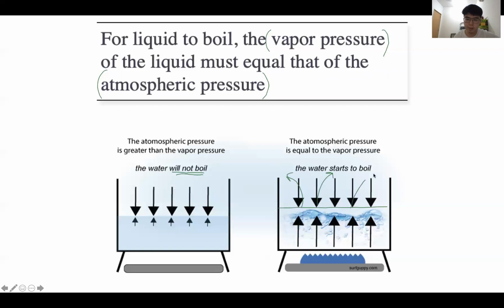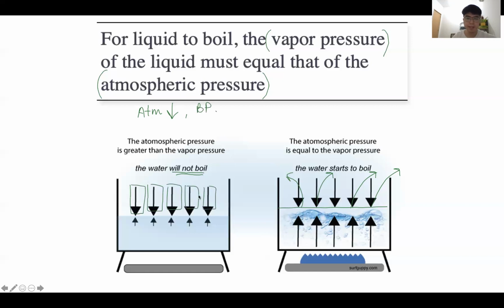How does the atmospheric pressure affect the boiling point? When the atmospheric pressure, ATM, decreases, what happens to the boiling point? Just think about it logically. If the atmospheric pressure decreases, this force here is now less.